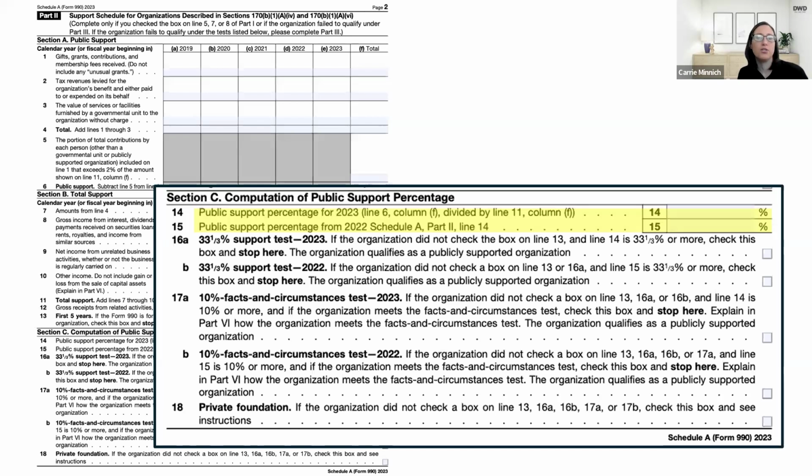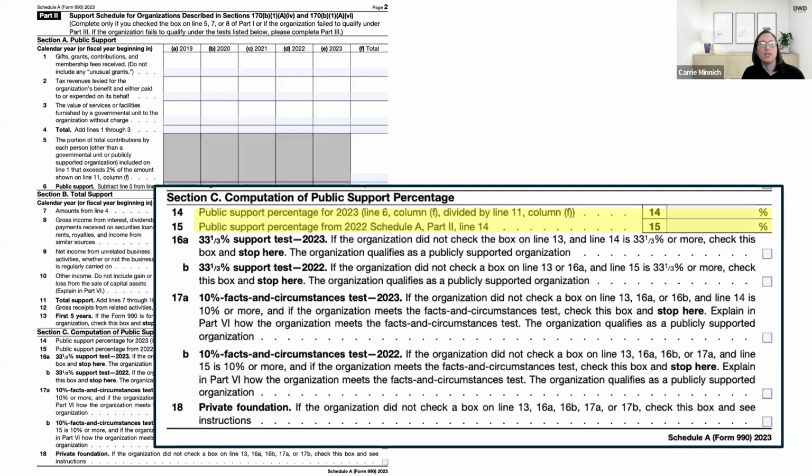If for some reason you do not meet 33 1/3% under this test, there is a facts and circumstances test where you can go in and say, okay, we didn't meet the 33 1/3% this year, but there are some other facts and circumstances that pretty much show we're going to meet it next year, and here's why.